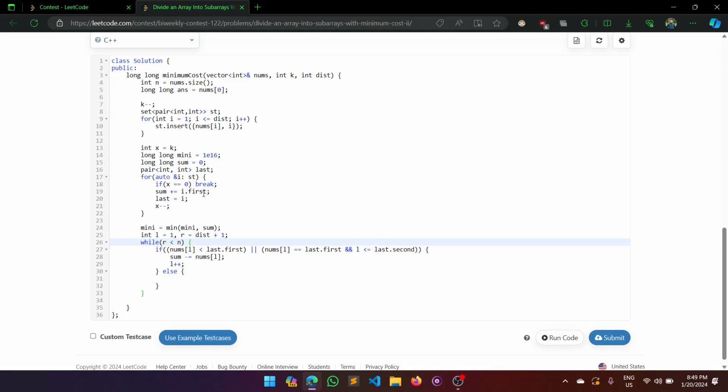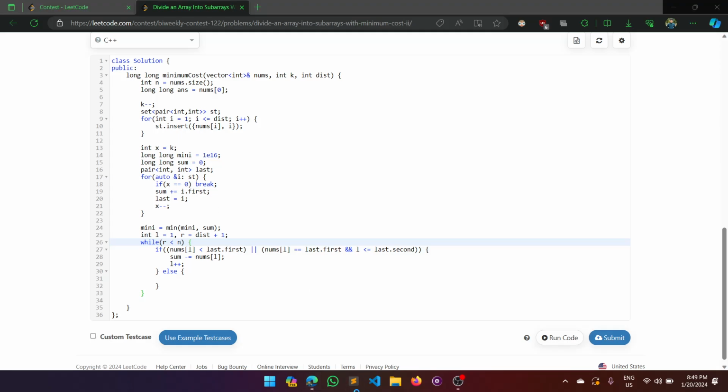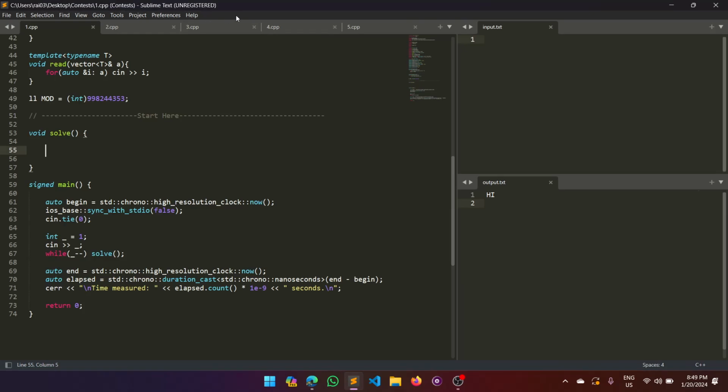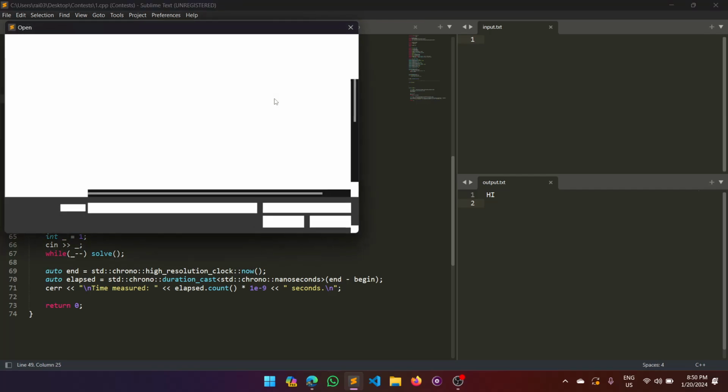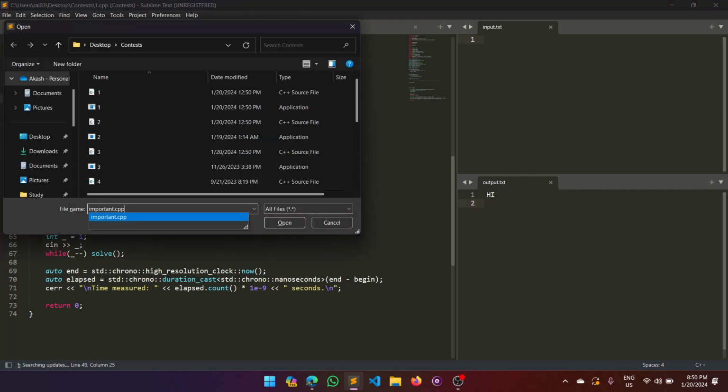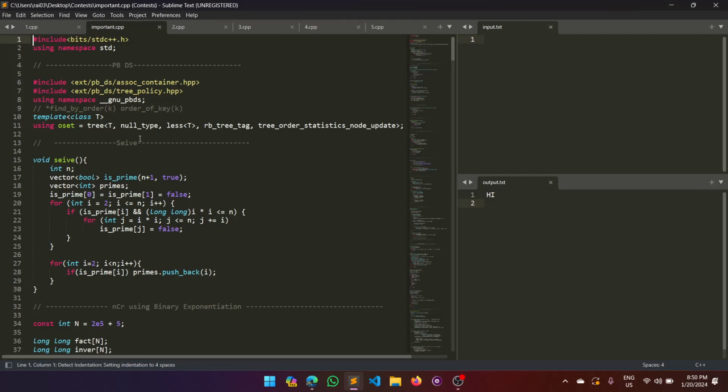If we had some data structure, we could have compared it with... okay, I'm gonna go with that. There it is.